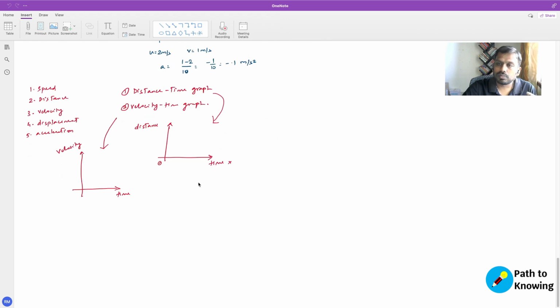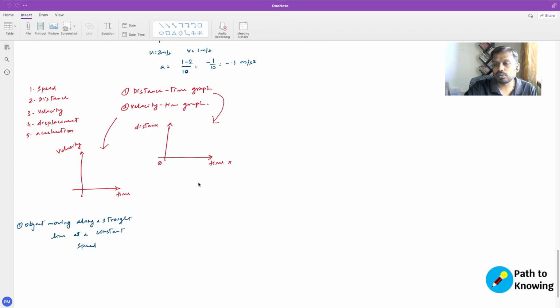So let's consider the scenario of a person or an object that is moving along a straight line at a constant speed. Right. Now, how do we represent this on a graph?